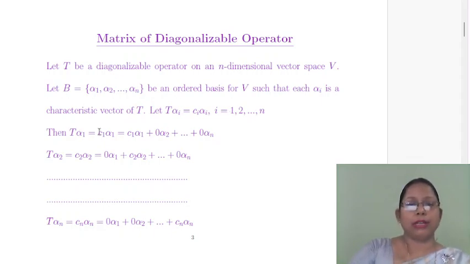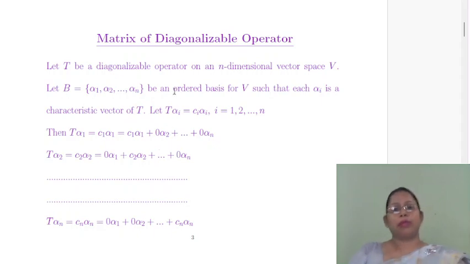Then T alpha i equals c i alpha i can be expressed in terms of the basis elements as given below. That is, T of alpha 1 equals c1 alpha 1 plus 0 alpha 2 plus up to 0 alpha n. T of alpha 2 is equal to c2 alpha 2, equal to 0 alpha 1 plus c2 alpha 2 plus up to 0 alpha n.